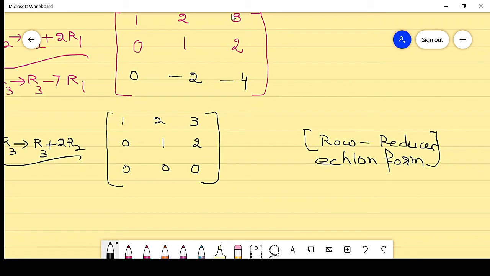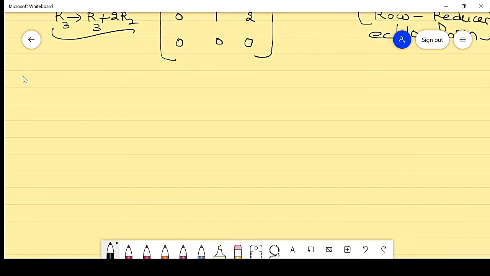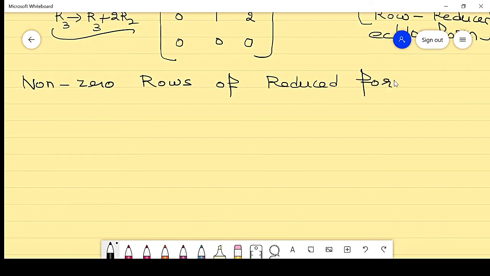Now the non-zero rows of the reduced forms of A and B are not equal.